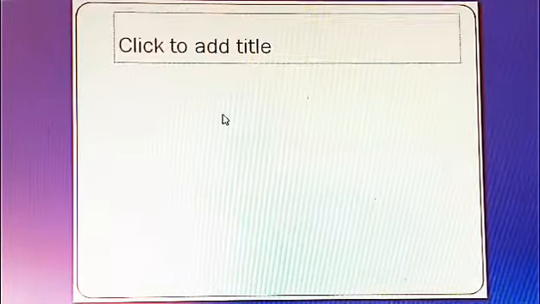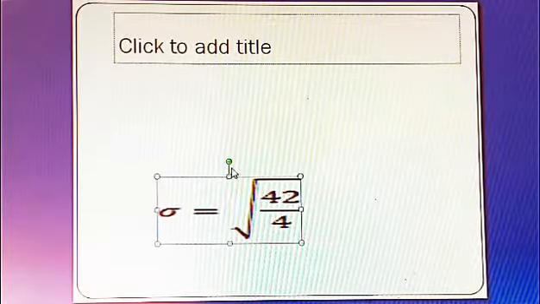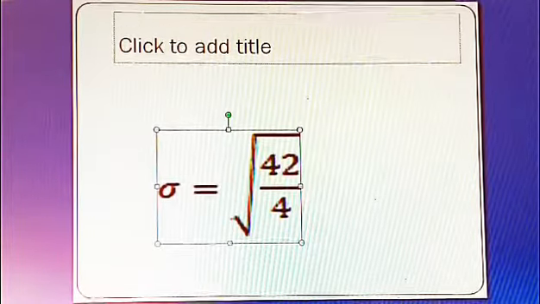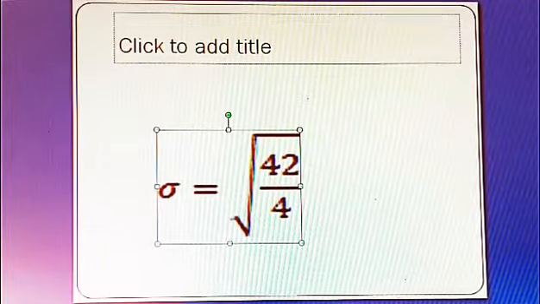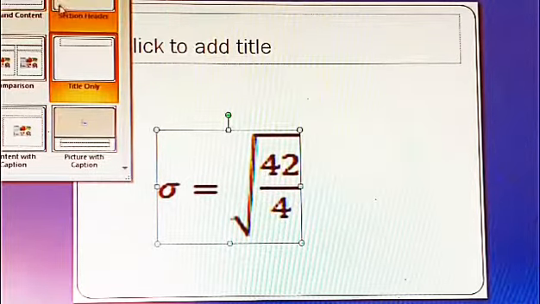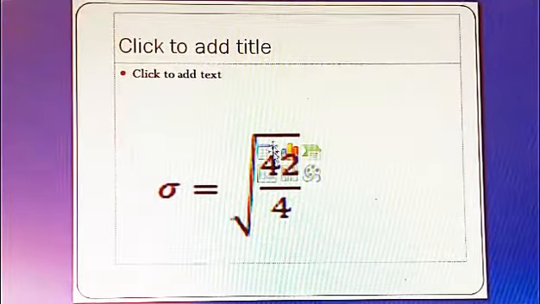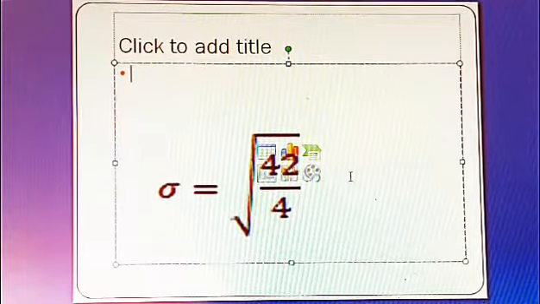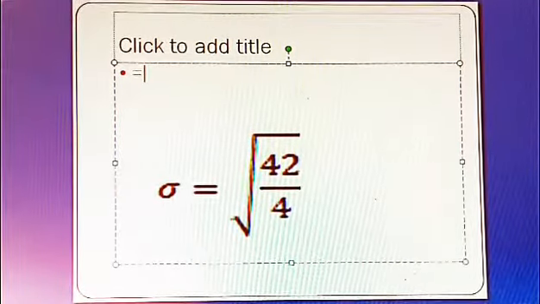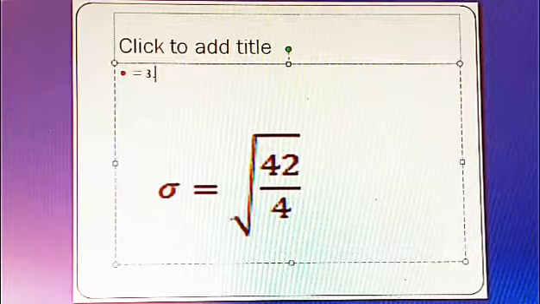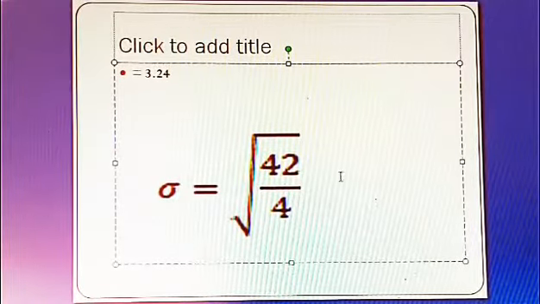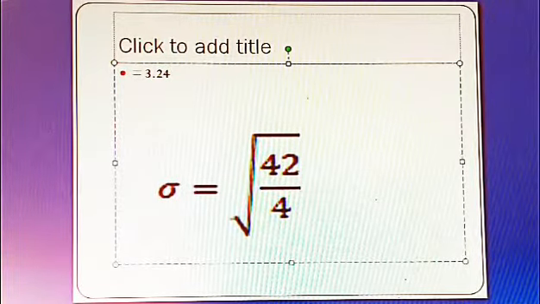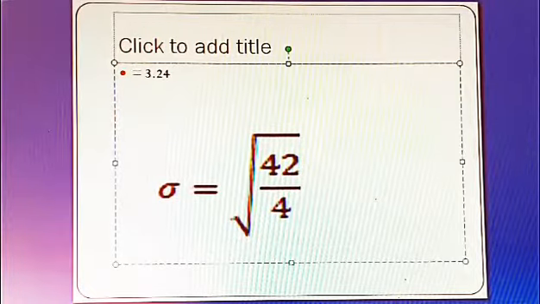What is 42 divided by 4? Please tell me. The answer will be 3.24.